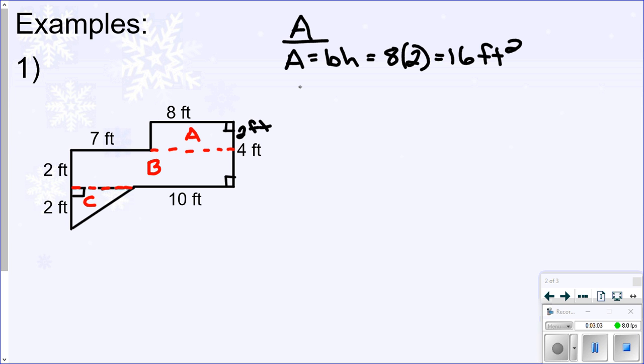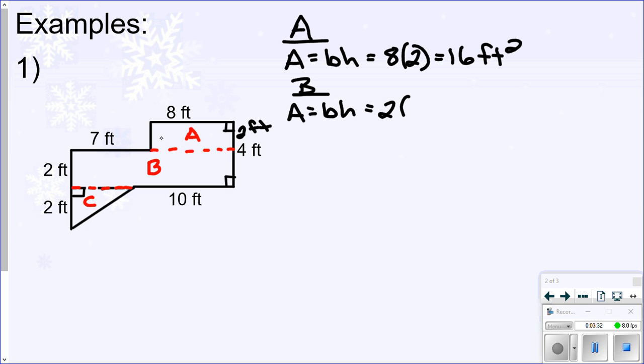Let's move on to shape B. B, again, is a rectangle, so we have base times height. This piece here we've already figured out is 2. Now we need to figure out how long it is from here to here. That's a little trickier. I know this is 10, but I don't know how long that piece is.